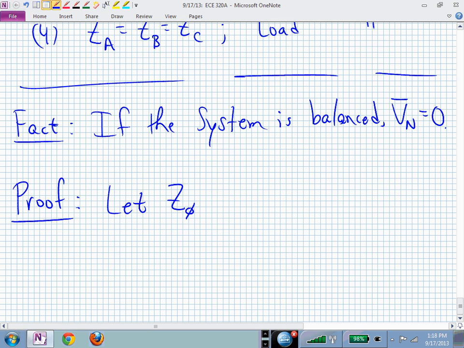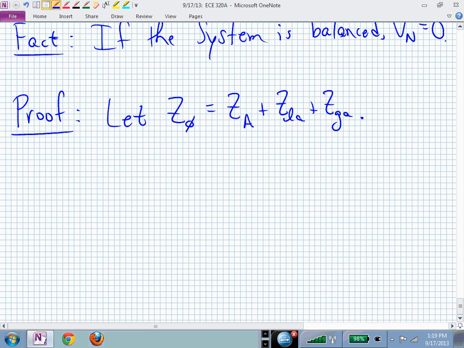I'm getting tired, so I'm going to minimize my writing. I'm going to call Z sub phi, that's going to be Z sub A plus Z sub LA plus Z sub GA. And that's the same if I put B's in every place. I'm just going to refer to an impedance per phase as Z sub phi.